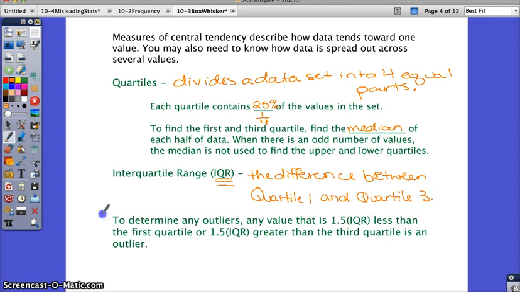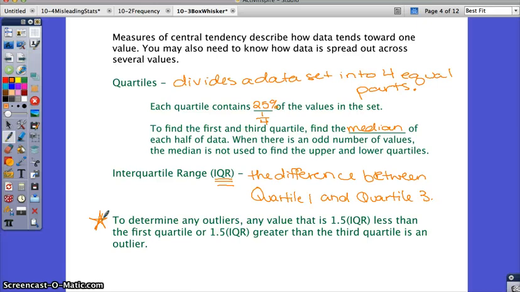This part is just extra. It's in your textbook. You can check it out for some more information, but we're not really going to focus on it, and that's not a required step for 8th grade. But to determine if a number is an outlier, it would be any value that is 1.5 times the interquartile range less than the first quartile, or 1.5 times the interquartile range greater than the third quartile.